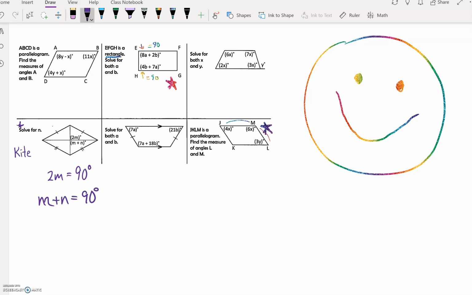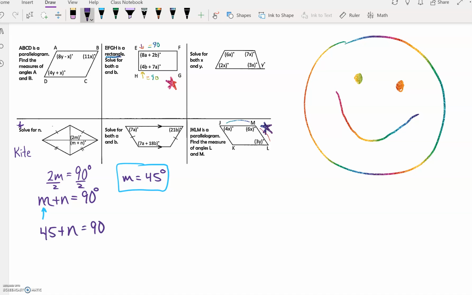Well, this is a pretty quick system to solve because as we divide both sides by 2, we get a value of m that is actually equal to 45 degrees. And then that becomes a very easy value to substitute right in here. So to continue to solve, we are going to have 45 plus n is equal to 90.